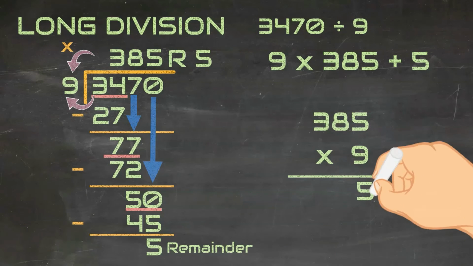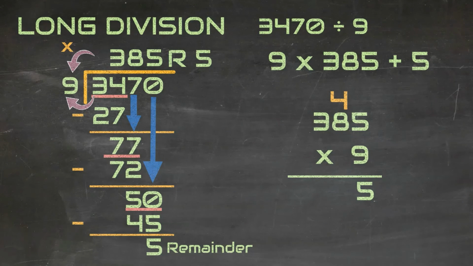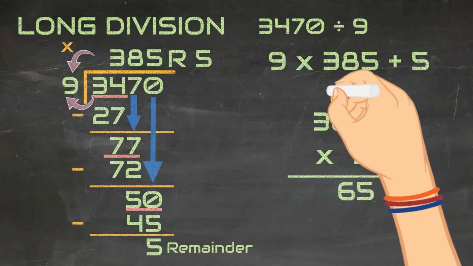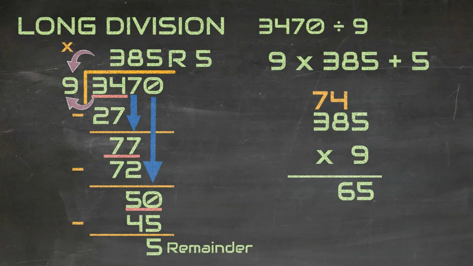Bring down 5. Carry over 4. Next. 9 times 8 equals 72 plus 4 equals 76. Bring down 6. Carry over 7. Next. 9 times 3 equals 27 plus 7 equals 34.